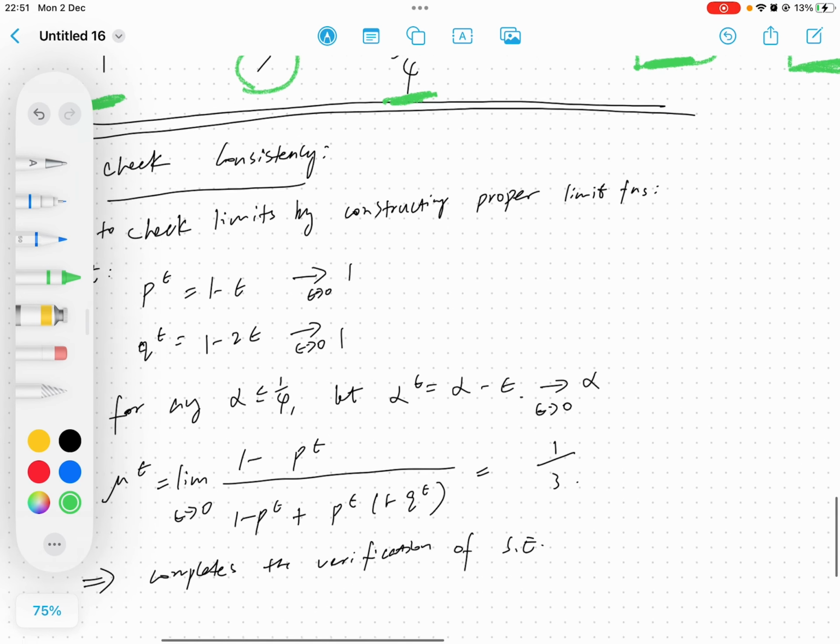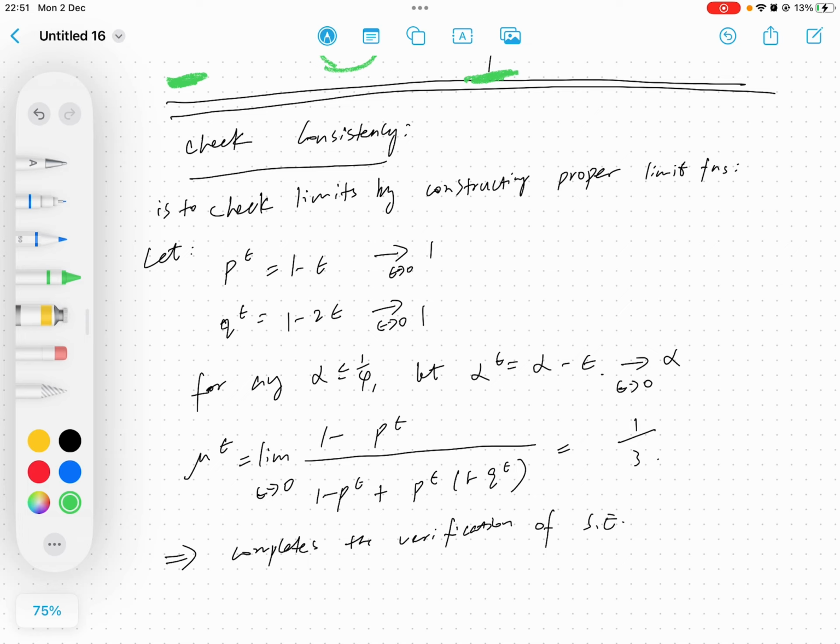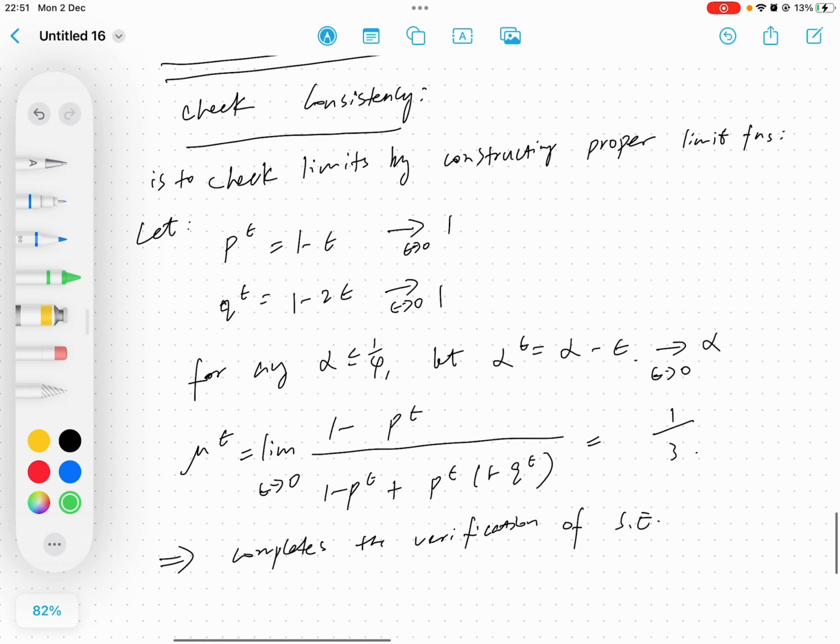To do that, we simply construct some proper limit functions, as we just mentioned in the beginning. So let's simply suppose that this is p epsilon, some function, notation for a limit function regarding epsilon.